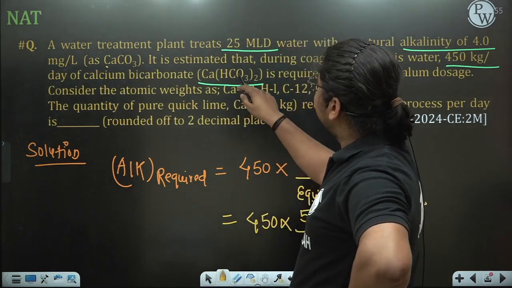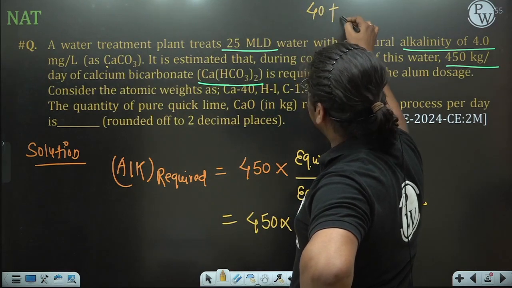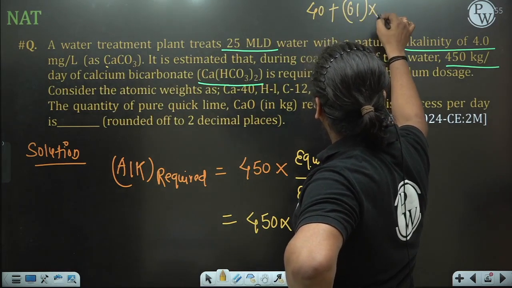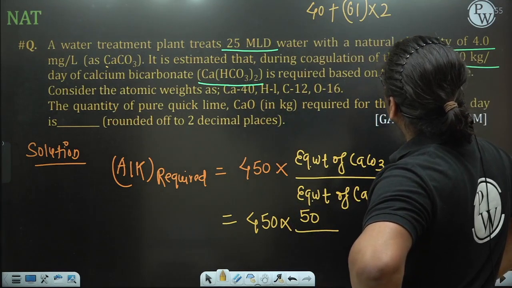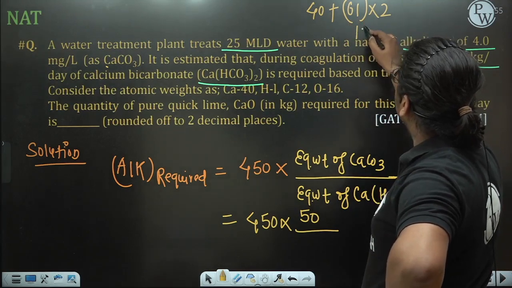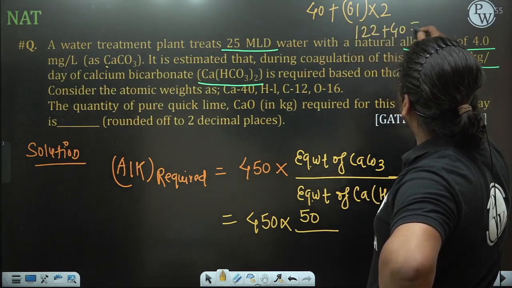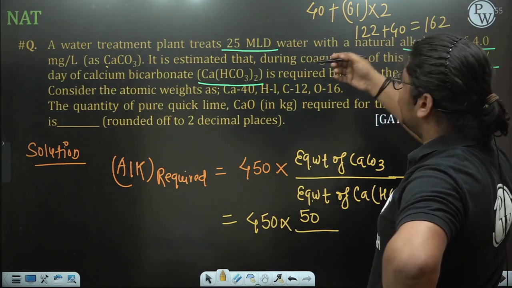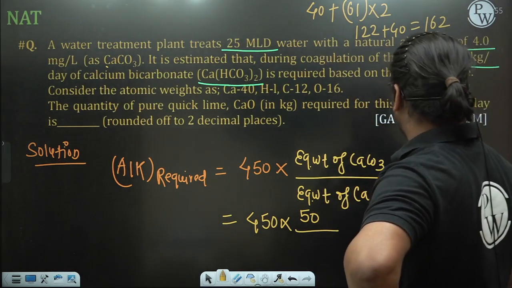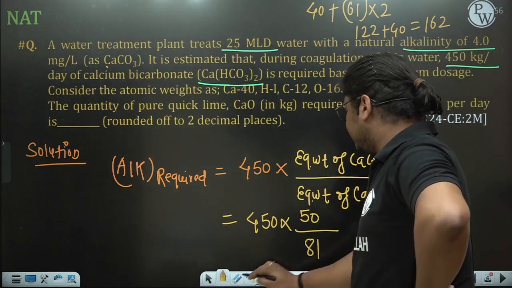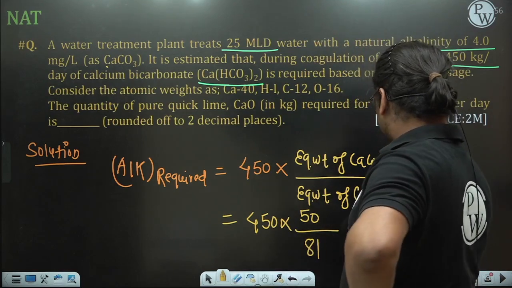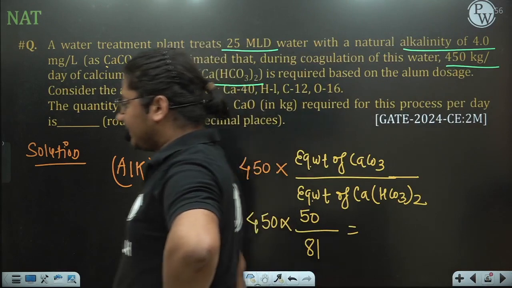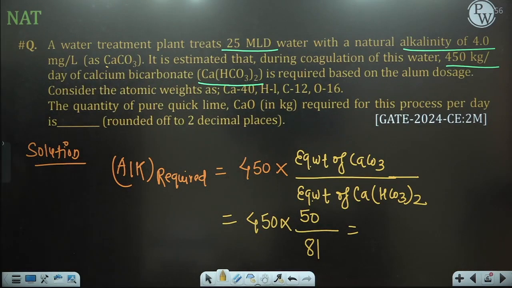This will be 40 plus 61 into 2, so this will be 122 plus 40, it will be 162, divided by 2 because valence is 2 here. So 81 will be the value. This part I'm erasing. Okay. So after calculation, according to my calculation, I'm getting around 277.78.